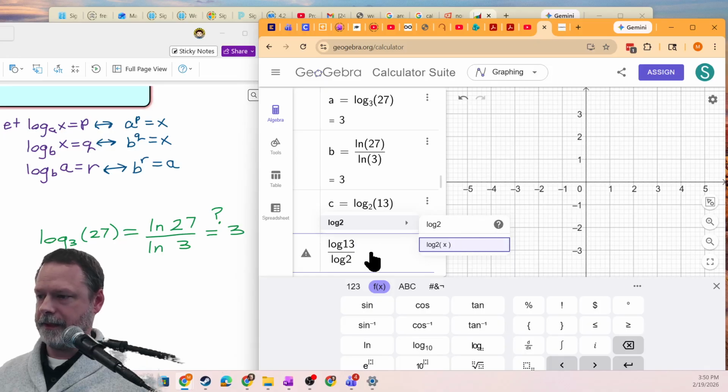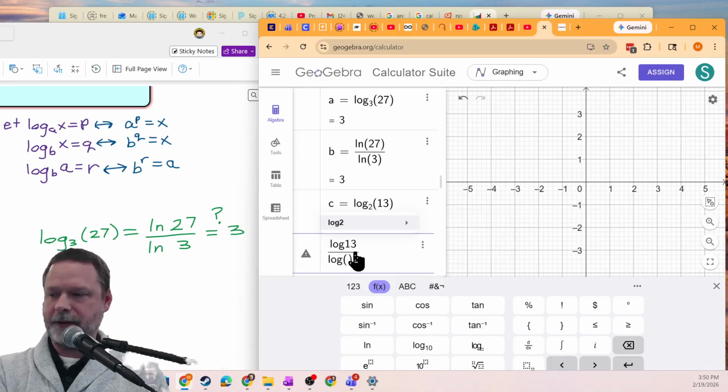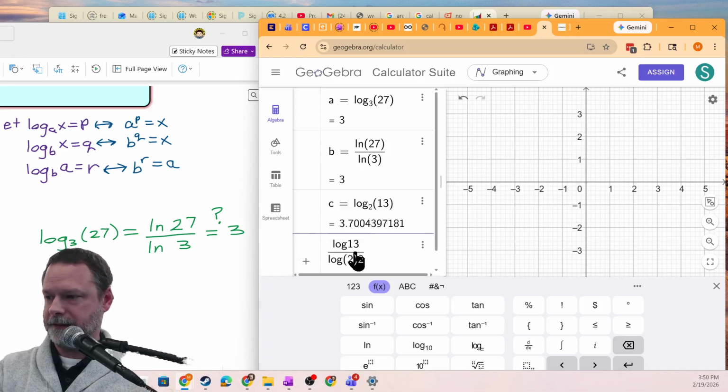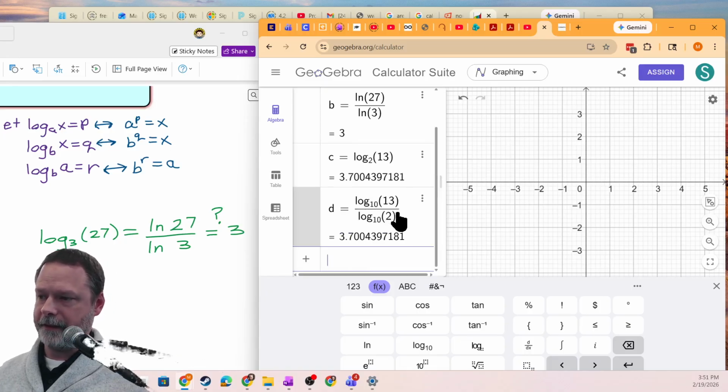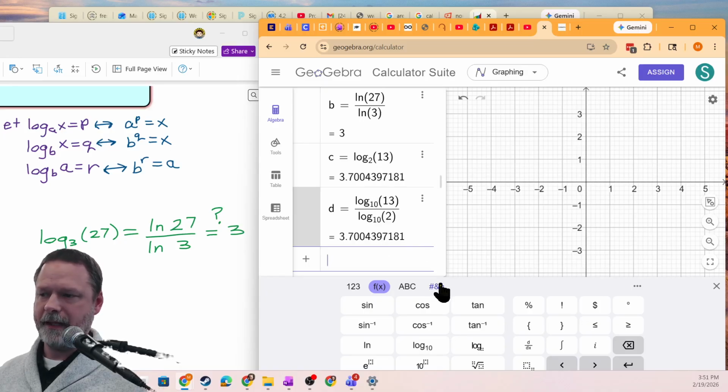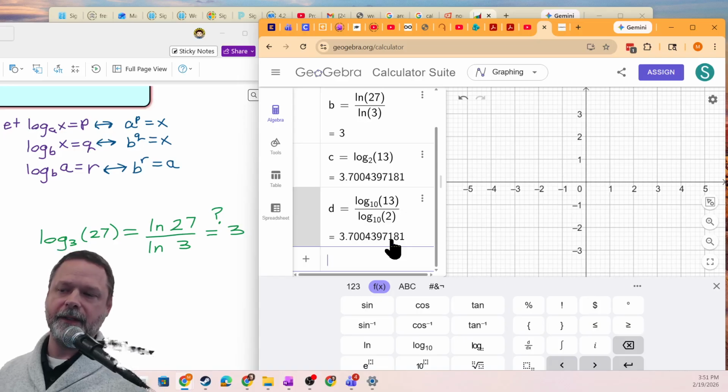Log 2 is a function in GeoGebra, so it asks if I want to do a function. No. Okay, there we go. Log base 10 of 13 over log base 10 of 2. 3.700. Same answer. So there you go. Change of base formula. It works.